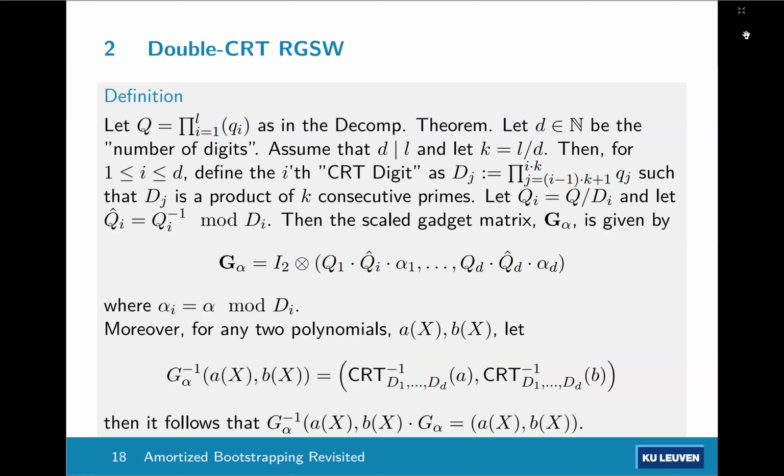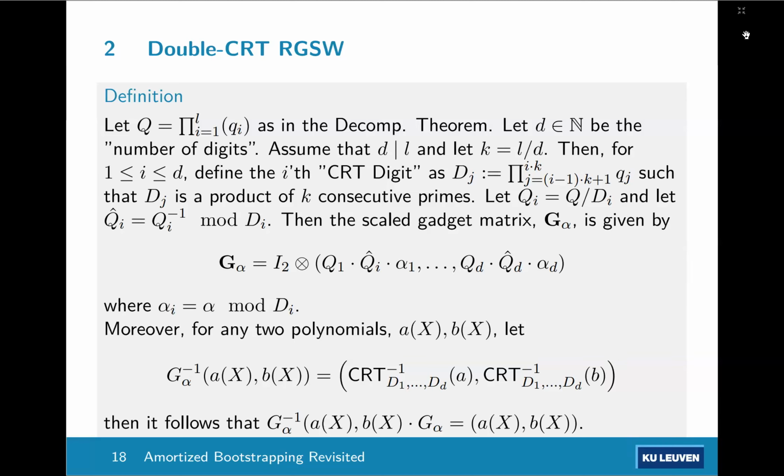We can then define Qi, big Qi, as Q divided by the Di, and we let Qi hat be Q inverse modulo Di. This scaled gadget matrix is then given by the formula in the middle, where the alpha i is alpha mod Di. This is in fact, as the last part says, a gadget matrix, so it's an inverse operation.